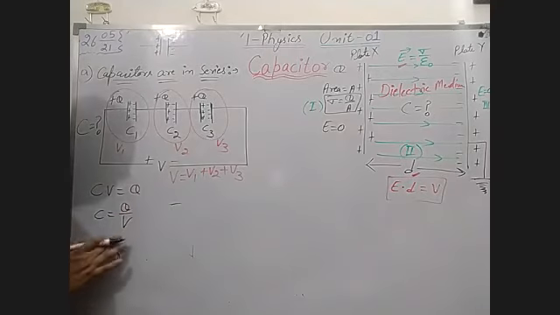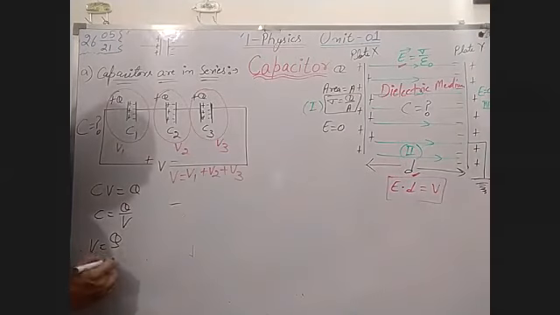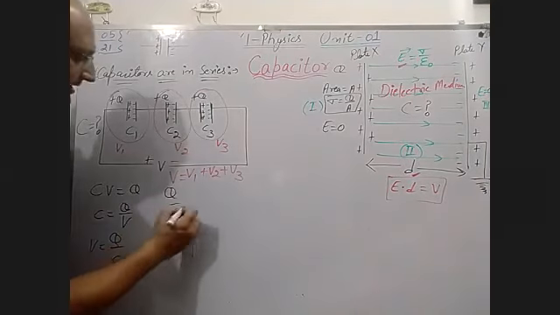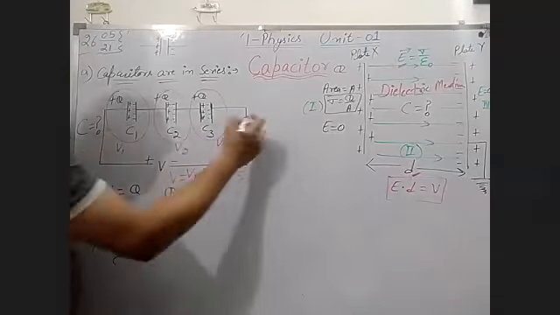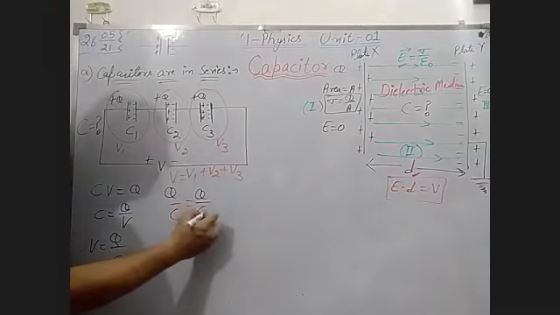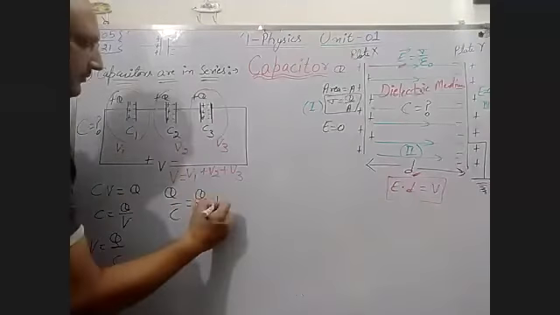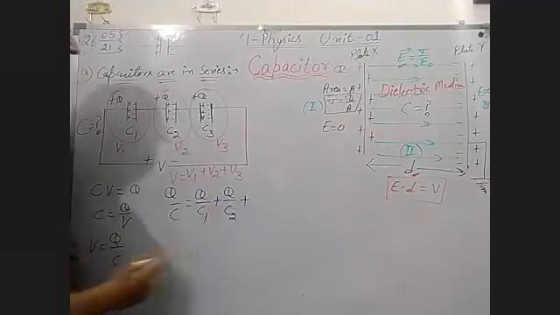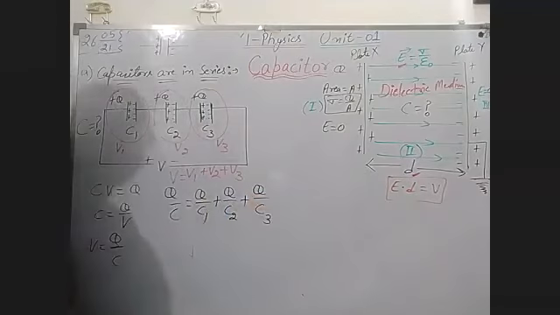By cross multiplying, V is there, C is there, and we can take V is equal to Q by C. Now, what is the value of V1? You can see here, Q by C1, in a similar way, plus Q by C2 plus Q by C3.